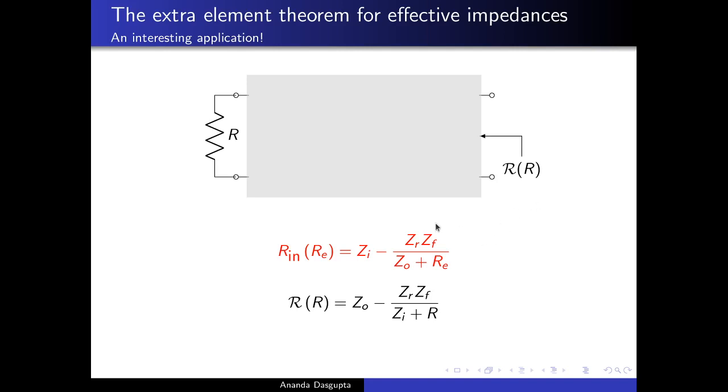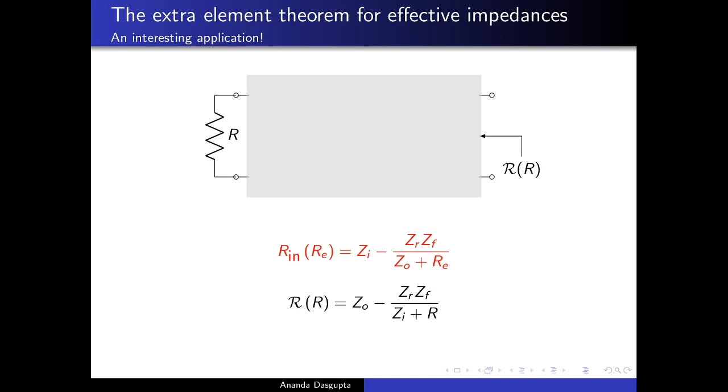Of course, because you have Zr and Zf both here, that will not change much. So this is the expression for the effective resistance seen from the output terminals if we were to connect a resistance R across the input terminal. As I said, you didn't have to calculate this again. All you have to do is just realize that you can switch input and output parameters.